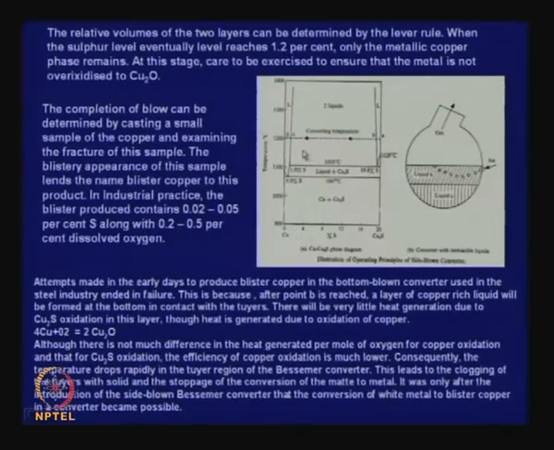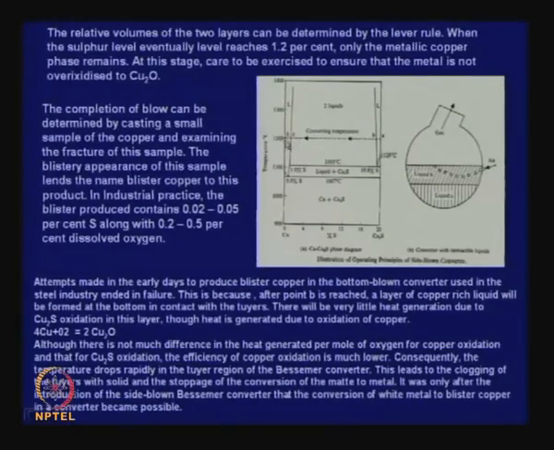Air is coming through this layer, and this is the phase diagram of copper and copper sulfide. You see, there is a complete separation here. This is the melting point of copper. This is the melting point of copper sulfide. Now, if the converting operation is taking place here, you are going from copper sulfide towards this direction, you go from A to B to C to D, and there is a clear separation between here and here.